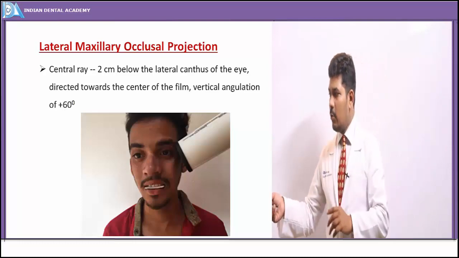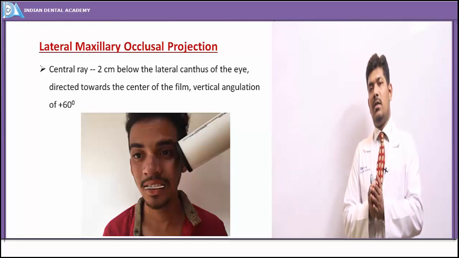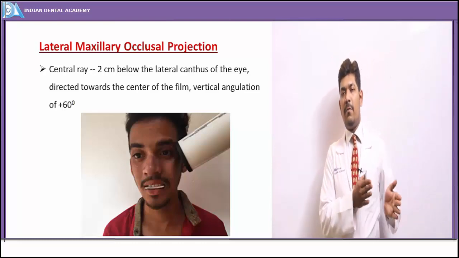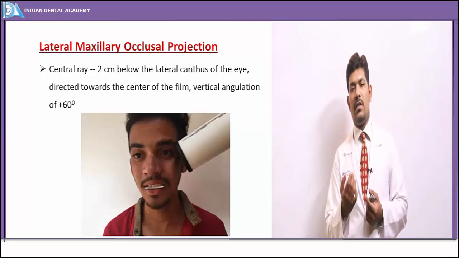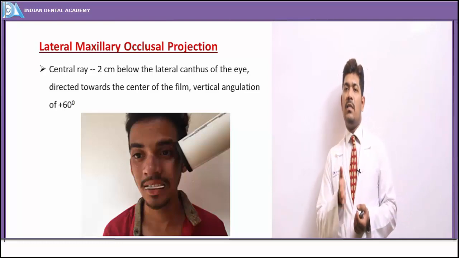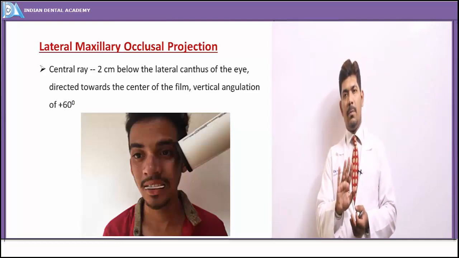So what we do over here is, now the placement of the film is different from the previous two images. Now the long axis of the occlusal film is placed parallel to the sagittal plane and pushed inside the patient's mouth.